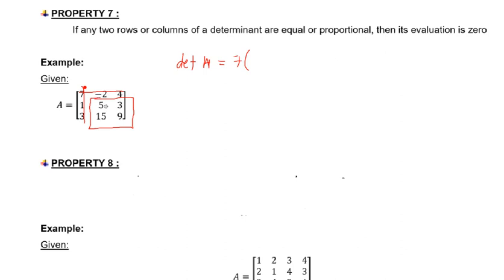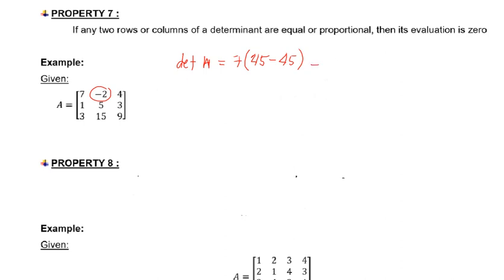So we have 5 times 9, that is 45, minus 15 times 3, that is 45. And then next, our second coefficient is negative 2.